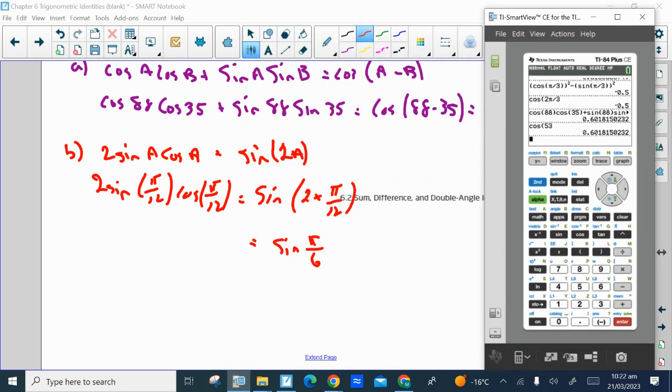Once again, we can check that on our calculator by going into radian mode. The original expression is 2 times the sine of pi on 12 times the cosine of pi on 12.